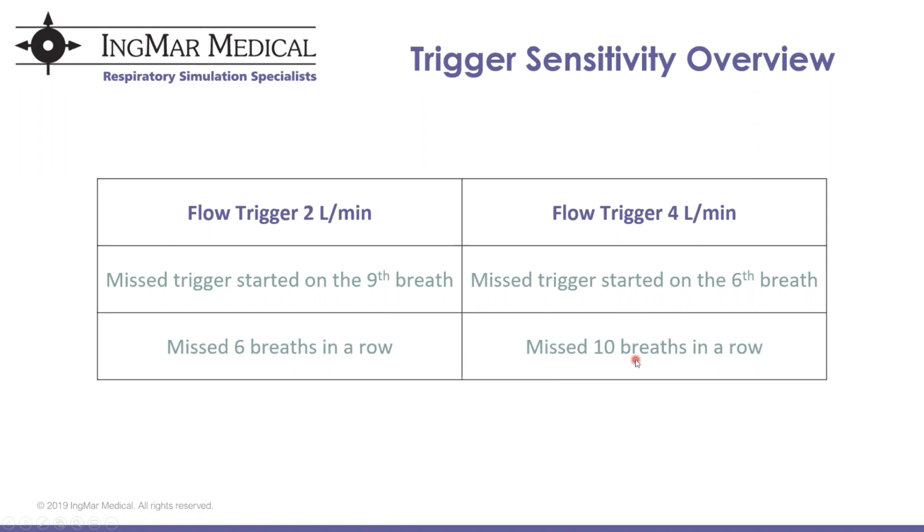So you can see how the different setting of the flow trigger makes a difference. And of course, in a clinical situation, not only does the patient's effort matter, but then you have situations of auto-PEEP, etc., that make it harder for a ventilator to actually recognize the patient effort.